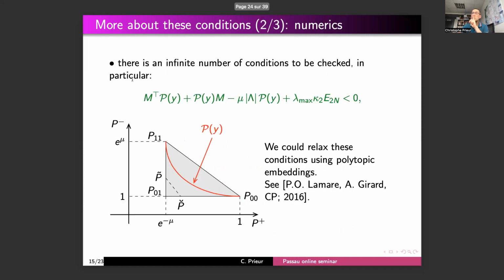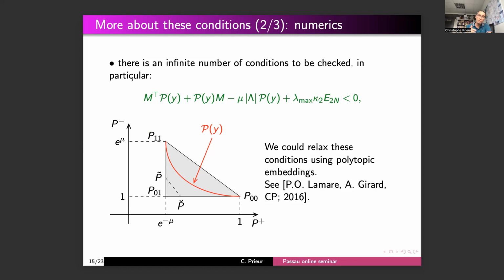And the third point that I would like to emphasize is that remember that we have an infinite number of conditions to be satisfied for the green equation. The green equation is the continuous time stability condition, which is parameterized by y, and y is between 0 and 1. So in practice, I have to check it for all points between 0 and 1, which is, of course, impossible in practice.